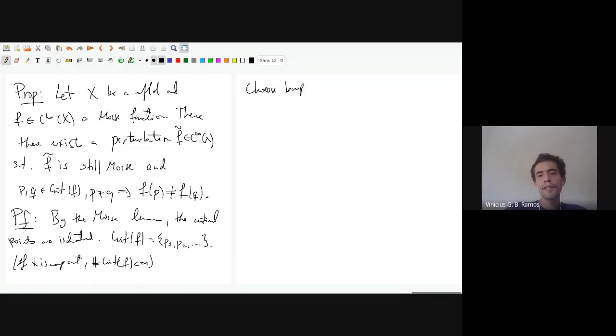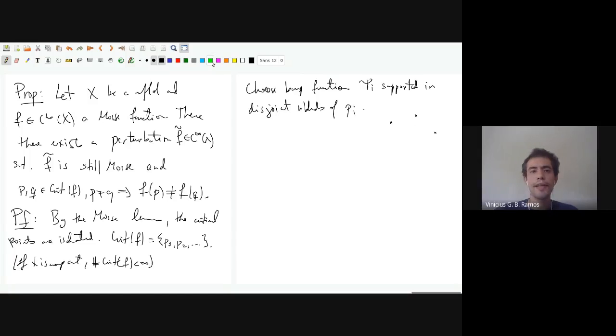But now we choose bump functions psi i supported in disjoint neighborhoods of the p i. Since they are isolated, I can choose little neighborhoods and bump functions which are identically equal to 1 near these points, so psi i is equal to 1 near p i, and the support is contained in a small neighborhood of p i.